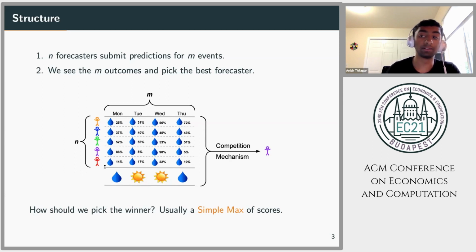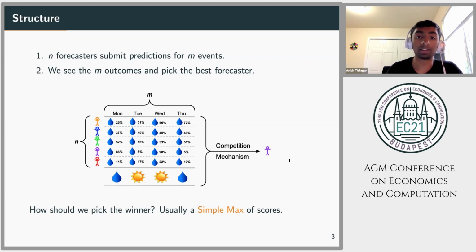And if they predict a lower chance of rain, they'll have a lower score. Conversely, on the other 2 days when it didn't rain, the forecasters who predicted a lower chance of rain will have a higher score. Once we have these scores, we'll just add them up over all the days and choose the forecaster that had the highest one.